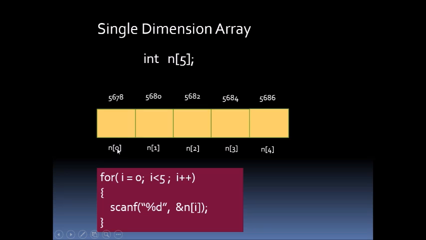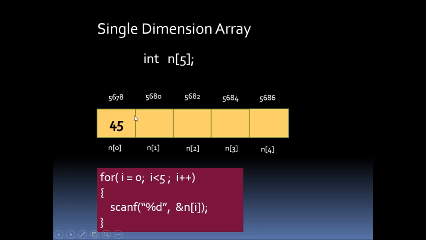So if we were to take data in the array, we could use a for loop as follows. We declare i starting with 0 and we stop at less than 5 because an array will stop at 4, and when we are taking the values from the user, we would take it in n of i, which means that if i is on 0, whatever the user has input will go in n of 0.